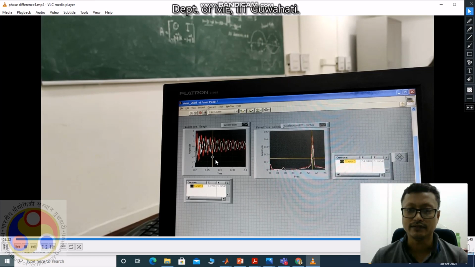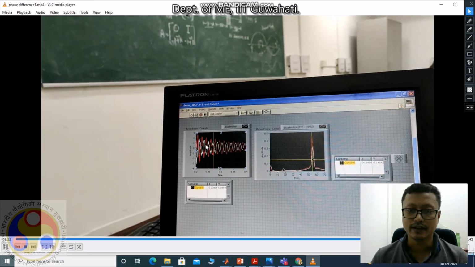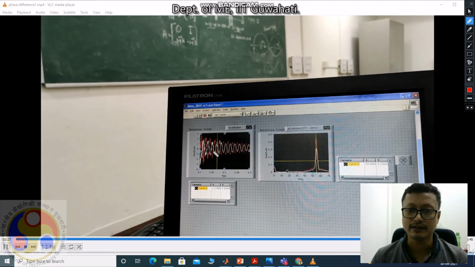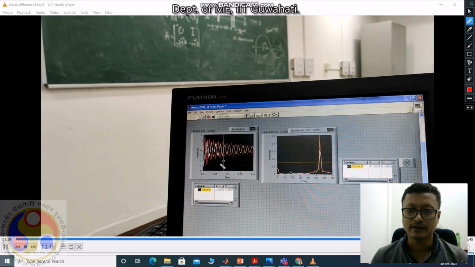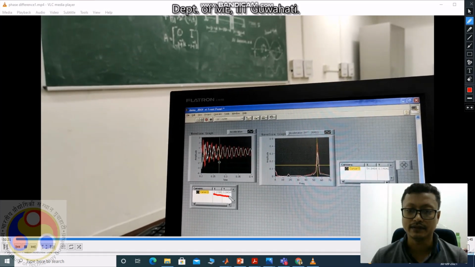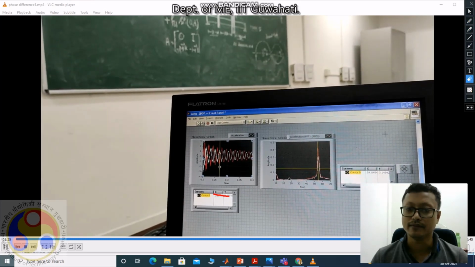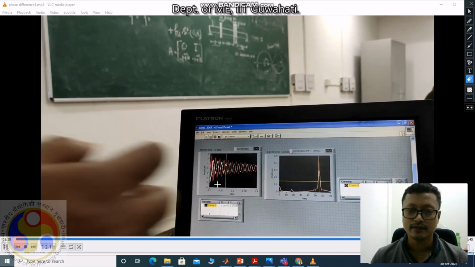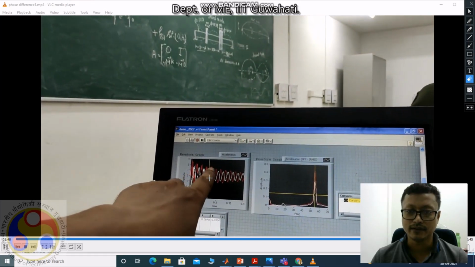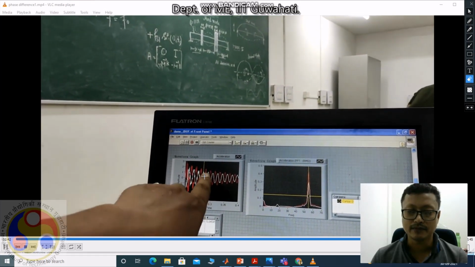Okay. Now the zooming is proper, I think. So like that, we can shift those lines in the xy direction. You can get the values of this xy position. For that, you can find out the phase difference between two points, two amplitude points.